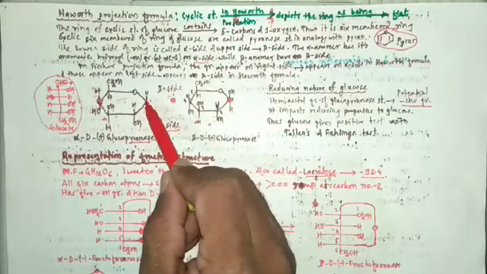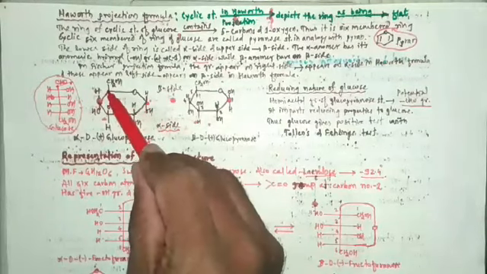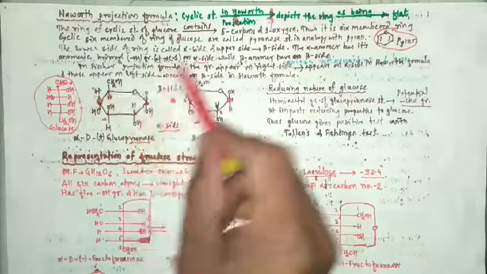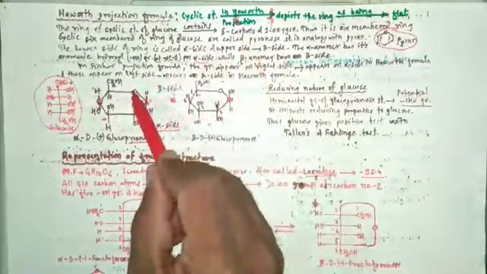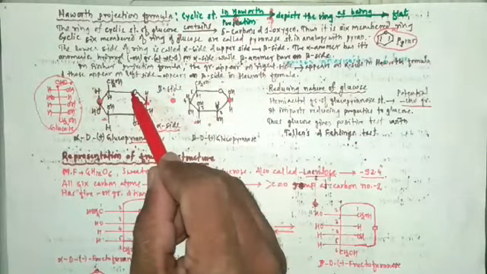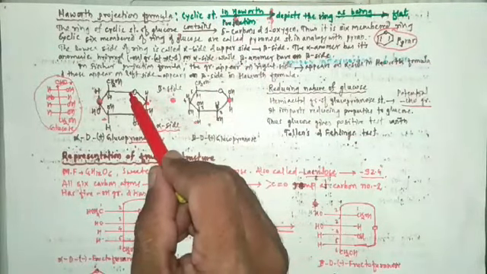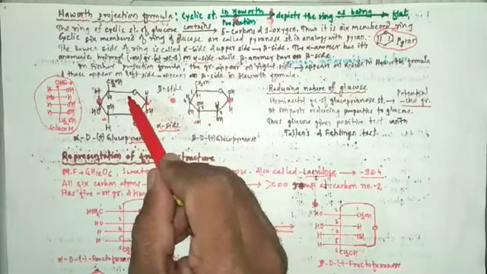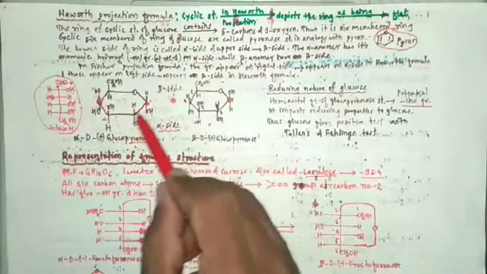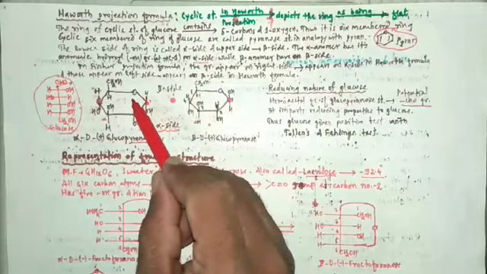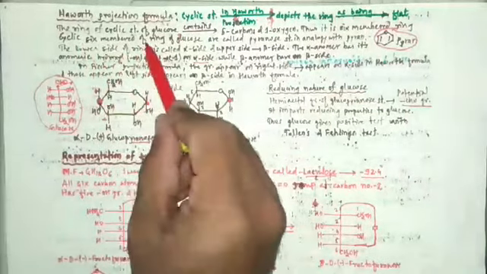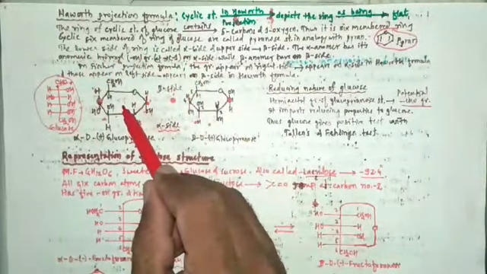At the point of intersection, there is a carbon atom, here carbon atoms 1, 2, 3, 4, 5. Thus, it is a 6-membered ring. So this is the cyclic 6-membered ring of glucose.